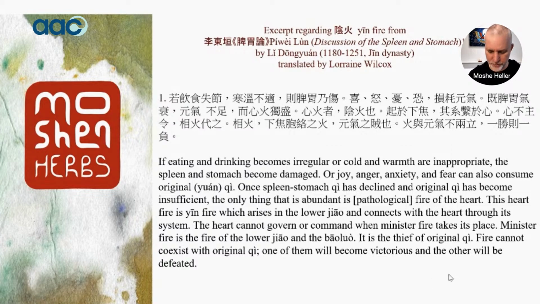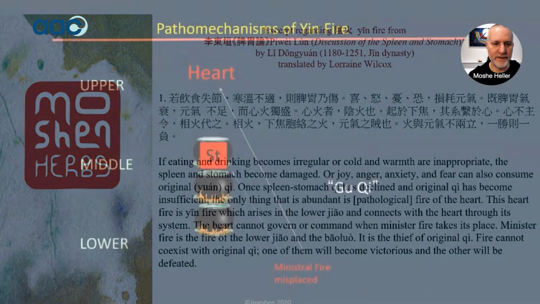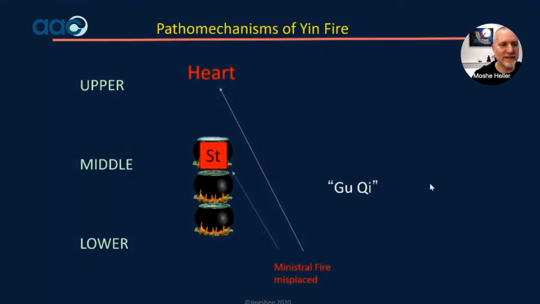which I want to, in the next slide, I've created a visual presentation of it. If we have the lower, middle, and upper levels here, this ministerial fire should be coming down from the heart and placed under the pot, if you say, of the spleen and stomach.